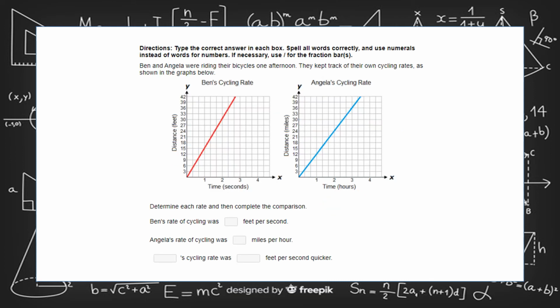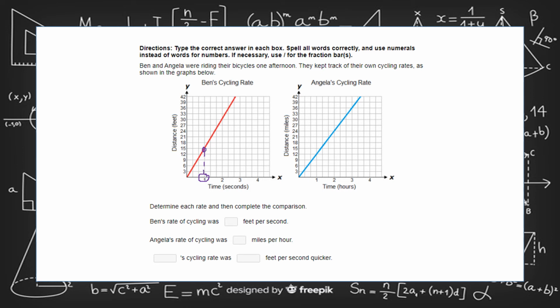Ben and Angela were riding their bicycles one afternoon. They kept track of their own cycling rates as shown in the graphs below. So determine each rate and then complete the comparison. I'm going to look at Ben's cycling rate first. I go over to 1, and I go up to where it meets my graph.